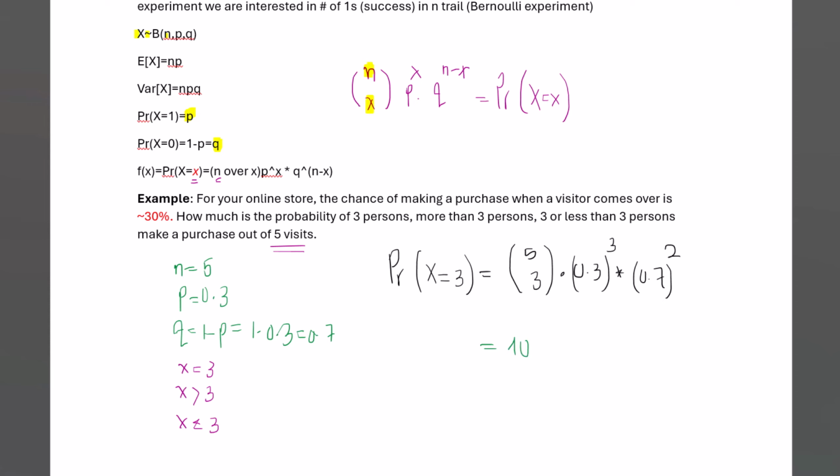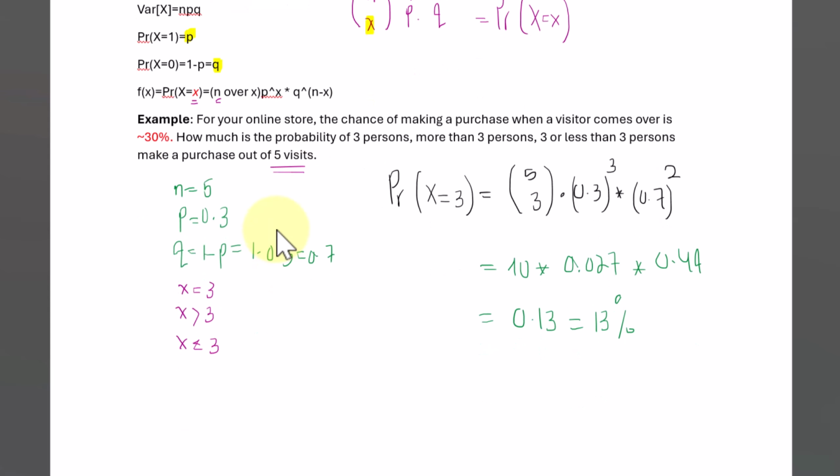It's 10, times 0.3 to the power of 3, which is 0.027, times 0.7 to the power 2, which is 0.49. If you multiply all these three numbers, you get 0.13, which is nothing but 13%. That is, the chance that 3 of these 5 persons would make a purchase is 13%.